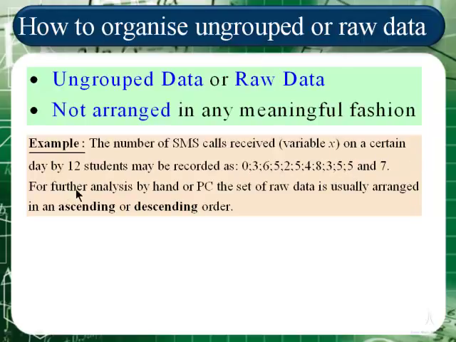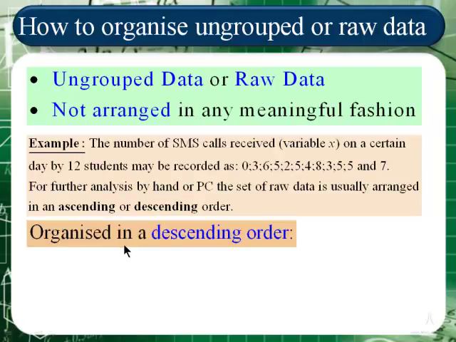Now this can be further analyzed either by hand or by a personal computer, where you can use a program like Excel, typing it in and then sorting it. If we do that, this set of raw data can then be arranged either in ascending or descending order.